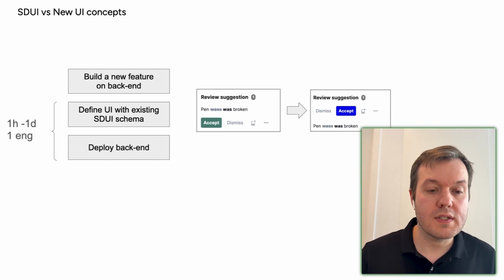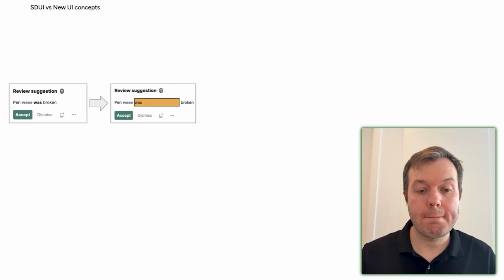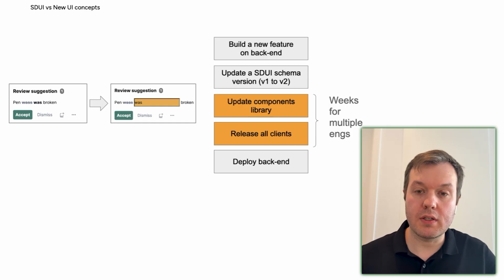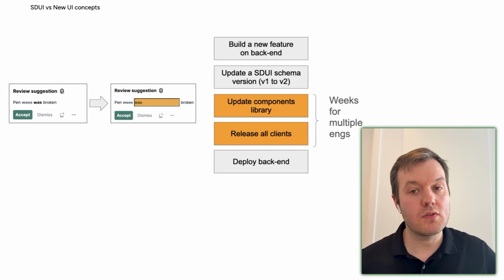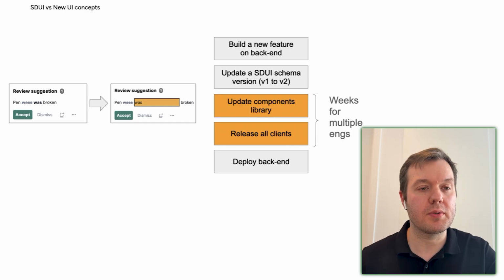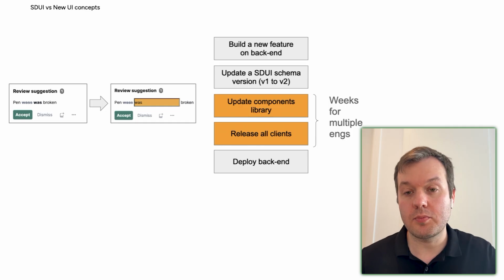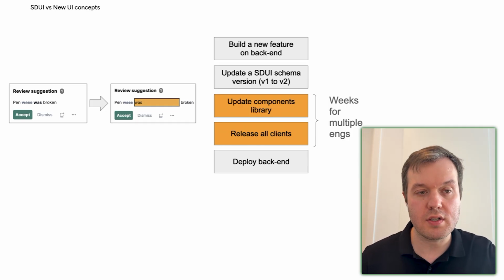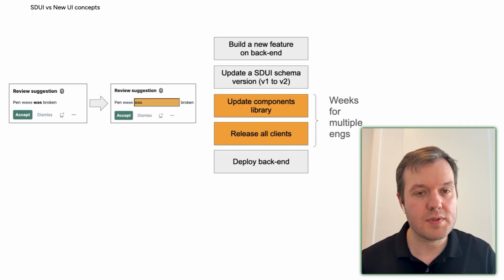But there are cases when you would like to build a completely brand new element. For example, in this case, someone would like to inject an input field into the existing suggestion card. This is a Grammarly suggestion card, a simplified version.